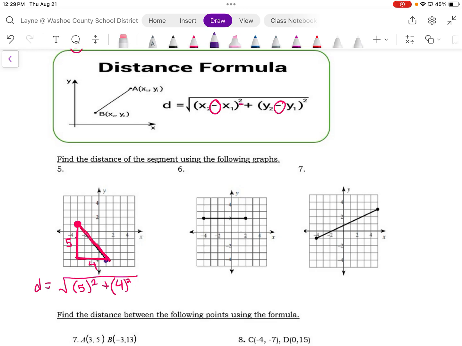So this number squared plus this number squared. 5 squared is 25 plus 4 squared is 16. 16 plus 25 is 41. And then square root of 41 is about 6.4.